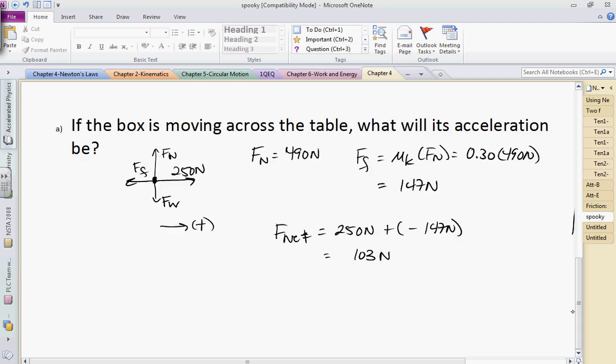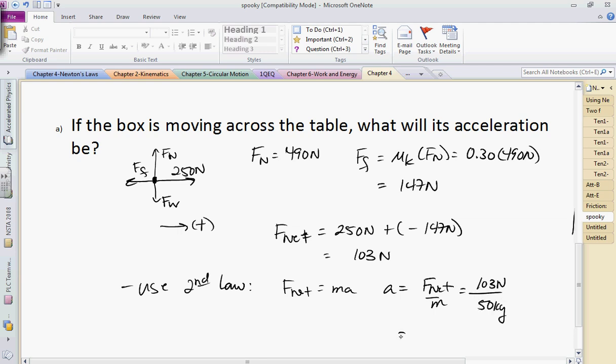Now, knowing the net force, we'll use the second law to figure out our acceleration. So if net force is equal to mass times acceleration, acceleration will be equal to net force divided by mass. So we get 103 newtons divided by our mass of 50 kilograms. And so we would have an acceleration of 2.06 meters per second squared. Okay, and that would be our answer.